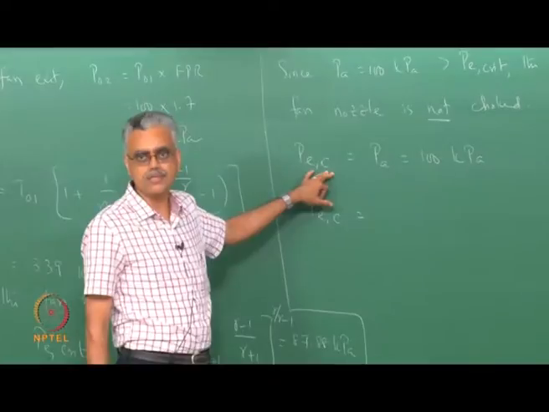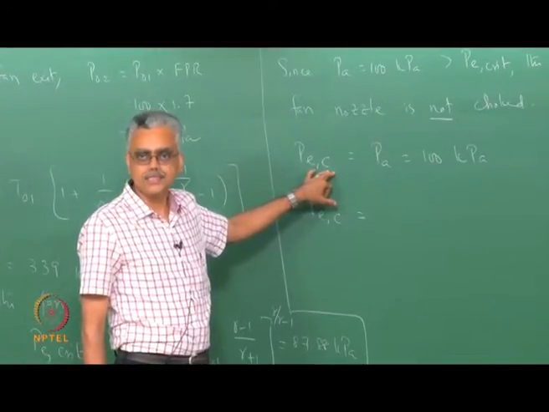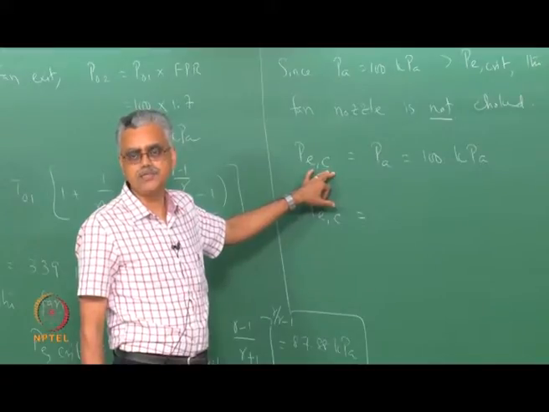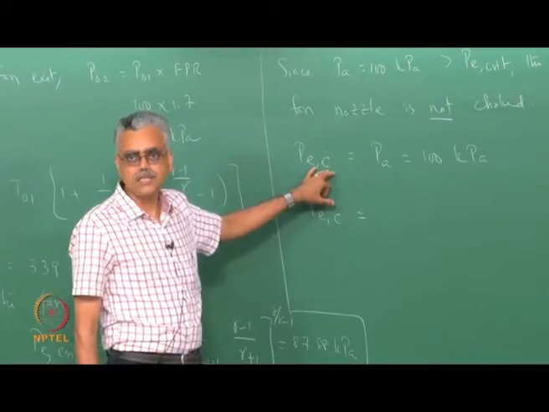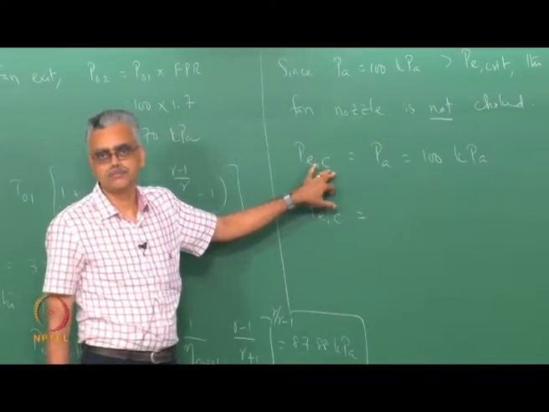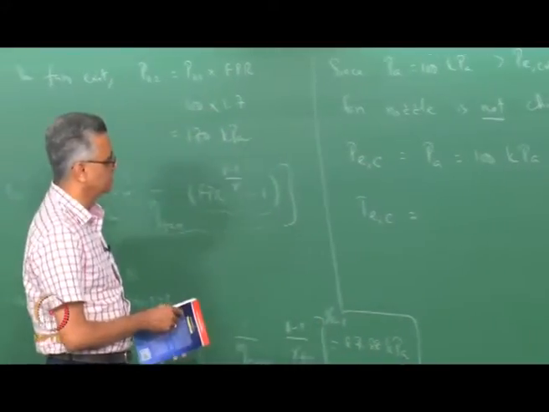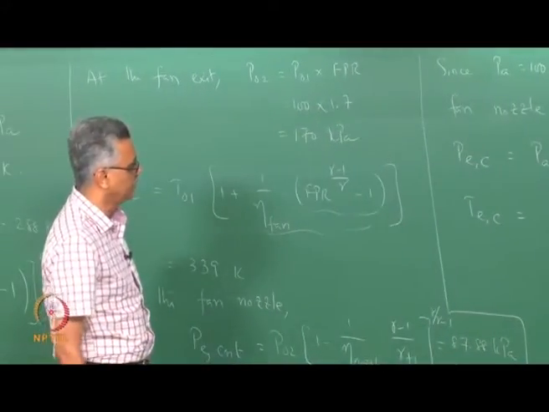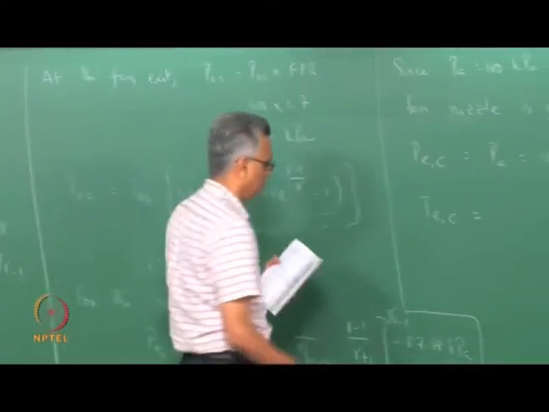I know T0 at the inlet to the nozzle, I know P0 at the inlet to the nozzle. Now I know the static pressure PES, which means I can evaluate TES using the isentropic relationship, right. So once I have TES, then I can evaluate TE at the exit to the nozzle. So let us see how we go about doing this.